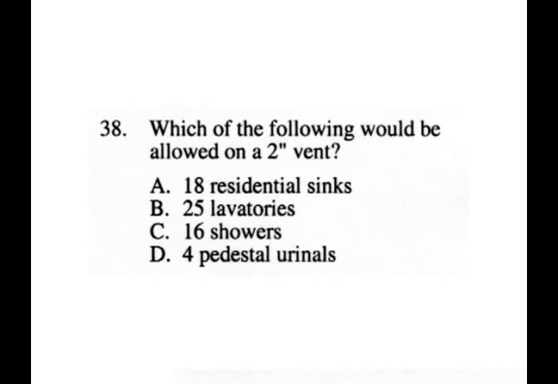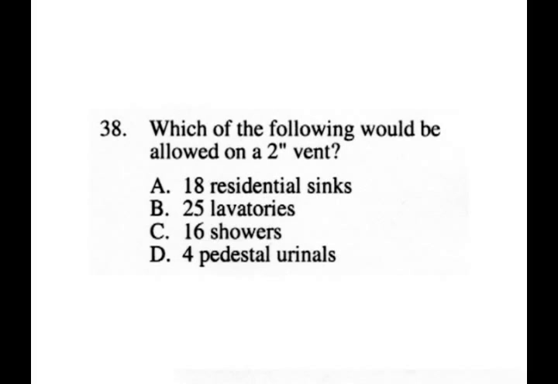18 residential sinks. A residential sink, and this is a kitchen sink, each one has a value of 2, so that would be 36, and that would be a value well over the 24. That would not be allowed. 25 lavatories, bathroom sinks, but they're called just lavatories.